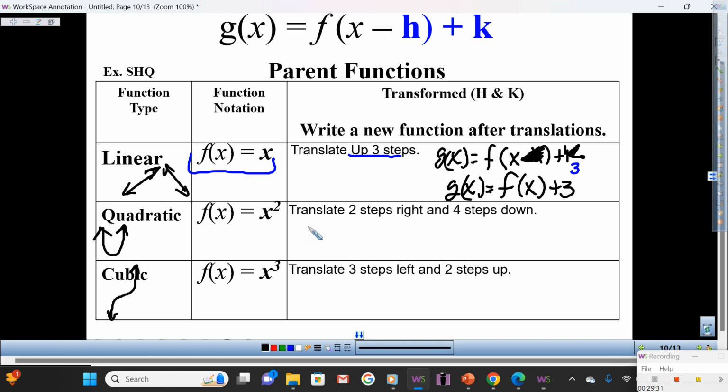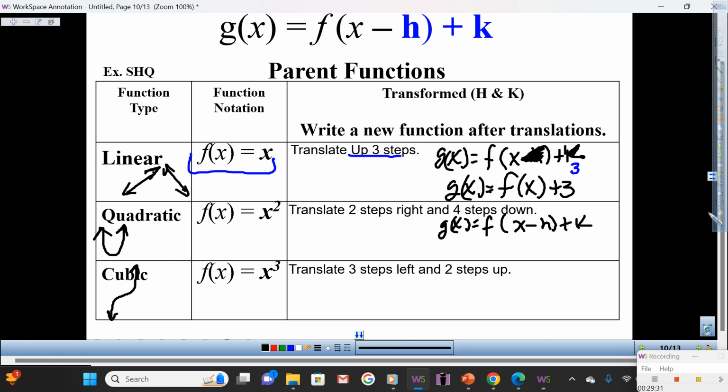Let's go to the next one. It says, translate 2 steps to the right and 4 steps down. So let's write our general rule. G of x equals f of x minus h plus k.